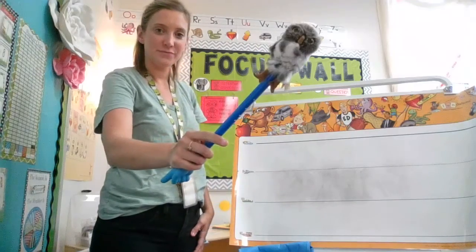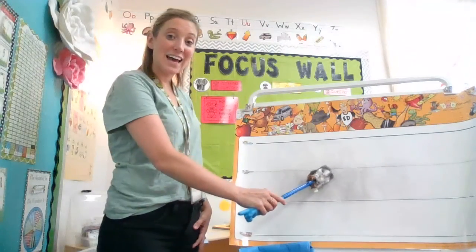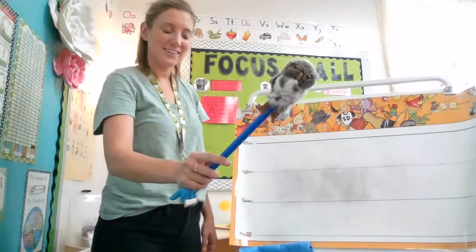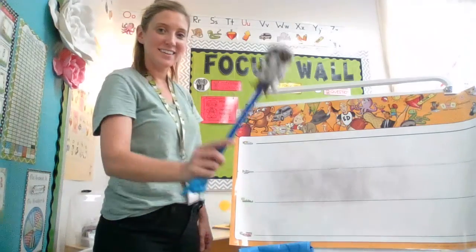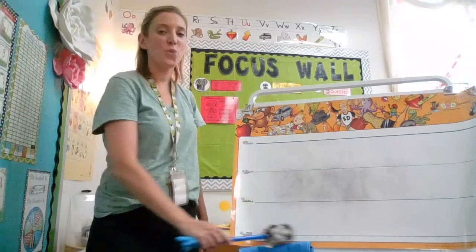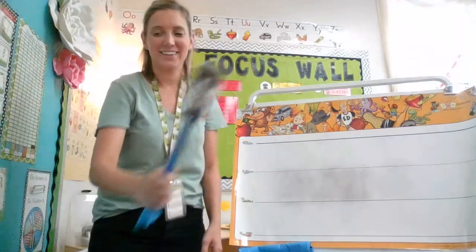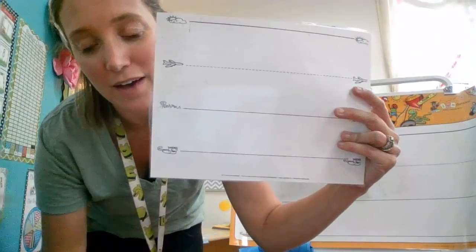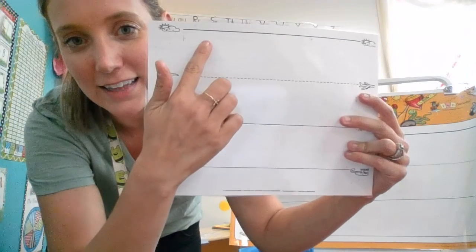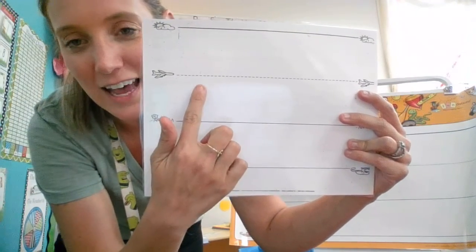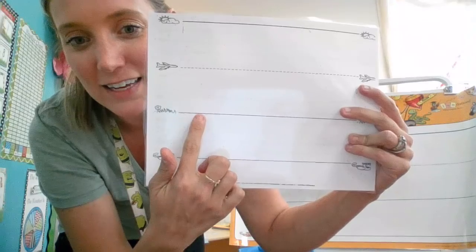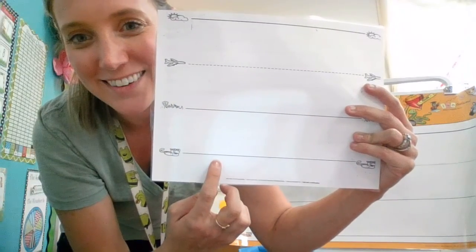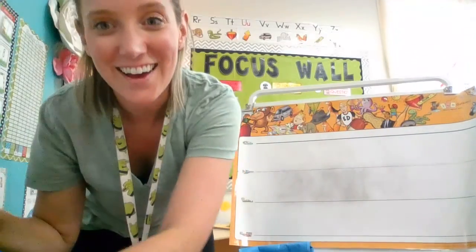Skyline, plane line, grass line, worm line. So on your paper or your board that you have at home, skyline, plane line, grass line, worm line. Okay, you got it?